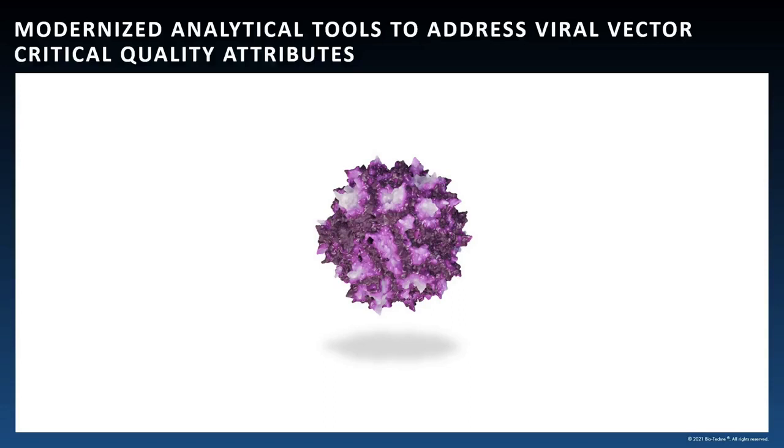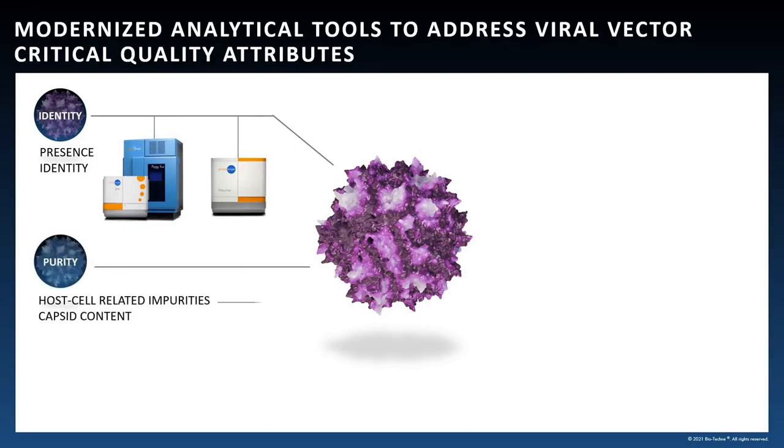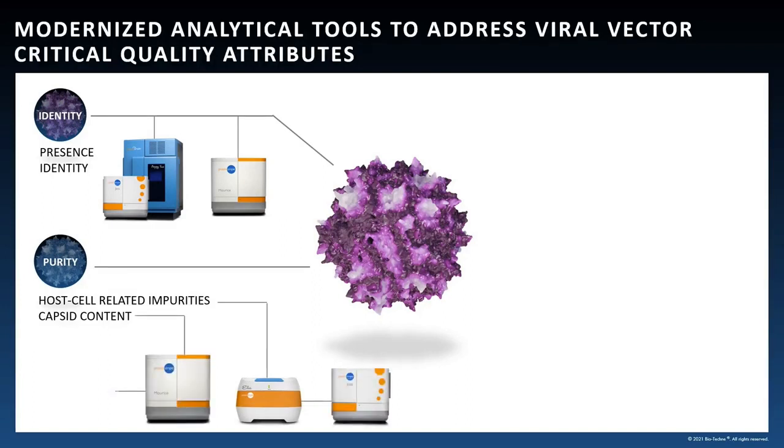Let's take a high-level look at how Protein Simple can modernize the analytical tools being used to address the viral vector critical quality attributes. As we'll talk about today, our Maurice and Simple Western platforms can provide identity assays. For purity assays, our Simpleplex and Simple Western platforms can support host cell-related impurity testing, and our Maurice and Simple Western platform can provide information on capsid content.